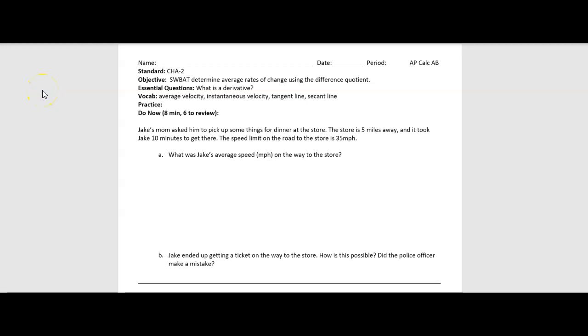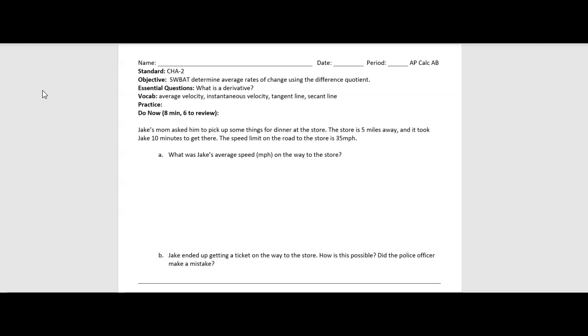In the first part of this lesson, we looked at an example, Jake driving to the store and trying to figure out whether or not he should have gotten a ticket from the cop based on how fast he was going. And the thing was, we were only able to figure out his average speed, right?